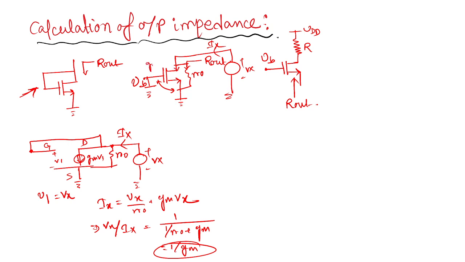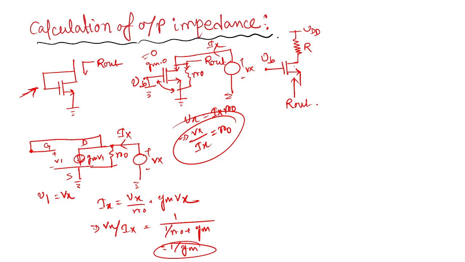So gm times VGS is 0, so the current is 0. The total current, that is Ix, will flow through this R0 resistance. So you can write Vx equal to Ix R0. So Vx by Ix is equal to R0.